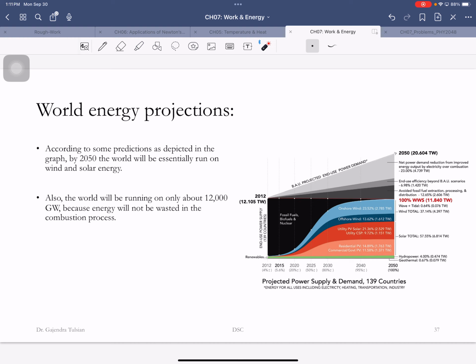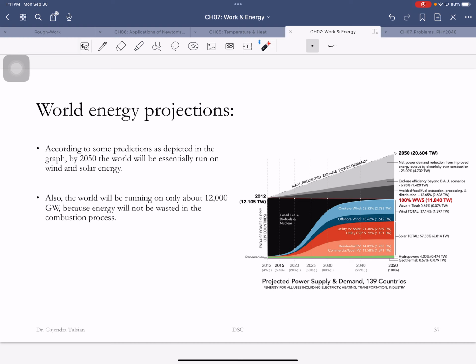If you had the same current mix, you would need 20,000 Hoover dams to run the world back then. But if you're running on renewables, all you need is 12,000 Hoover dams. That's because when you run the world on electricity, you're more efficient.